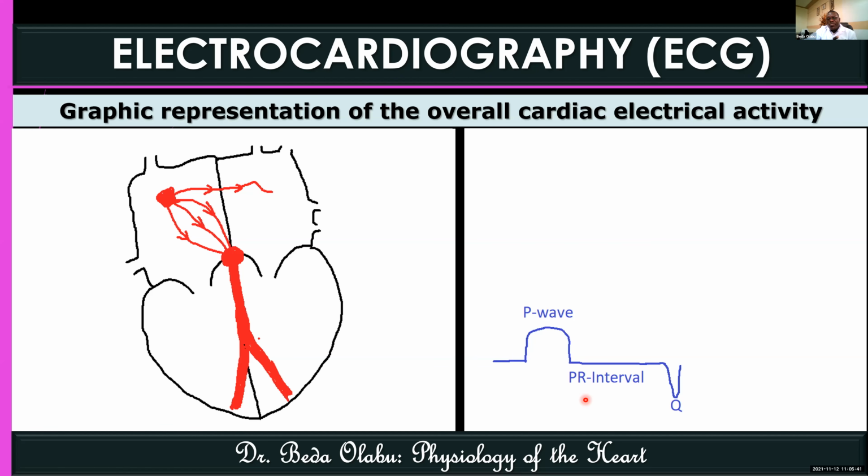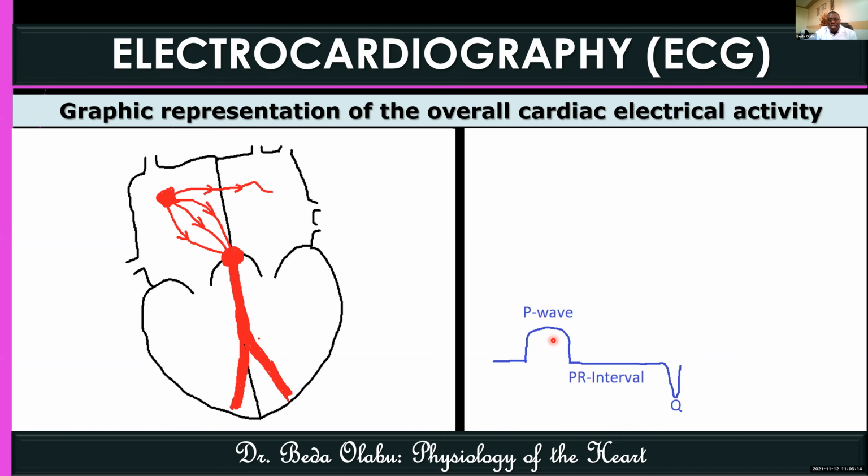Now, any deflection to the left will be a positive wave. And any deflection to the right will be a negative wave. So if the neutral point is here, from there to somewhere there, the overall movement of impulses from the sinoatrial node is leftward, as you can see.